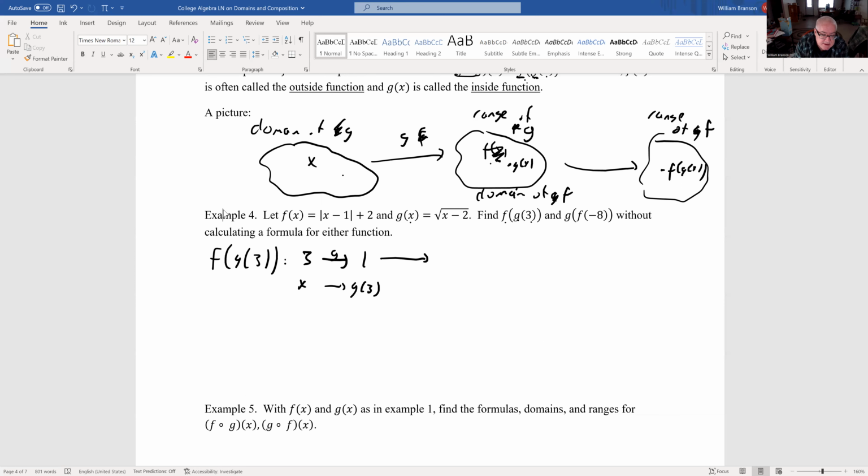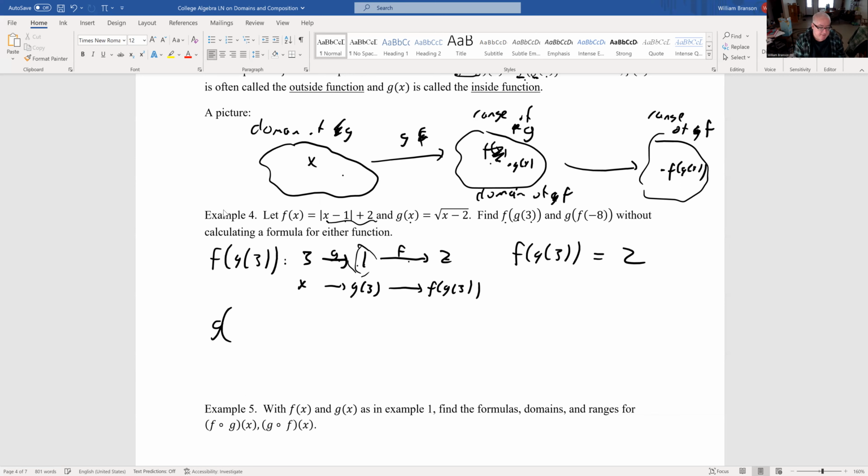So that's G. And then F, we get F of G of 3. And so that means I take this 1 and I plug it into this function. 1 minus 1 is 0 plus 2. That gives me 2. So F of G of 3 equals 2. Because I run the 3 through G first, take the output from that, and run that through F.